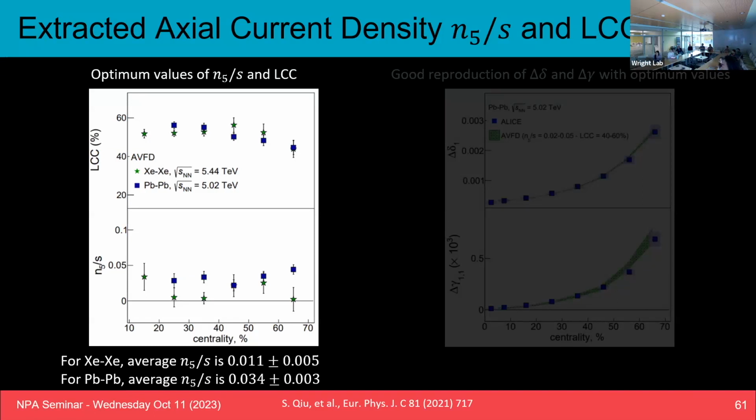There's no theory prediction. In Monte Carlo, we cannot simulate the spectator very well. There's no Monte Carlo which does a spectator simulation. There's no realistic simulation.